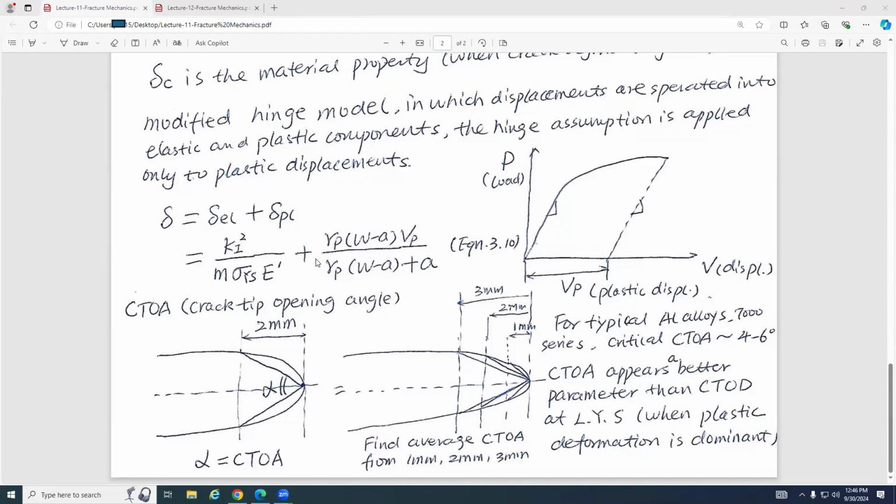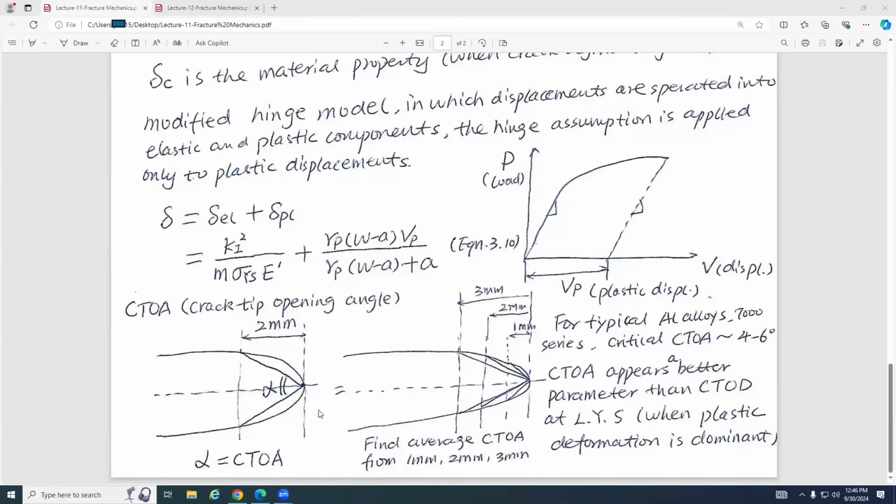And then we look at the CTOA, okay? So CTOA, after the crack becomes blunt. From the current crack tip, go back 2 millimeter. Okay?